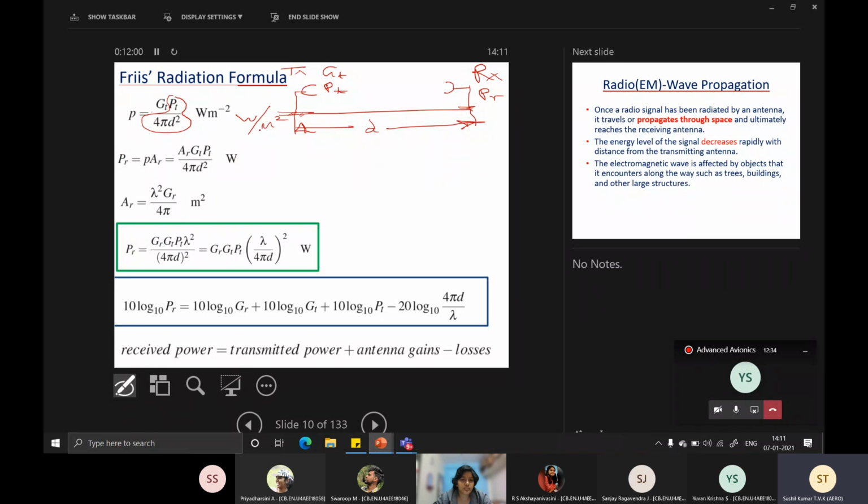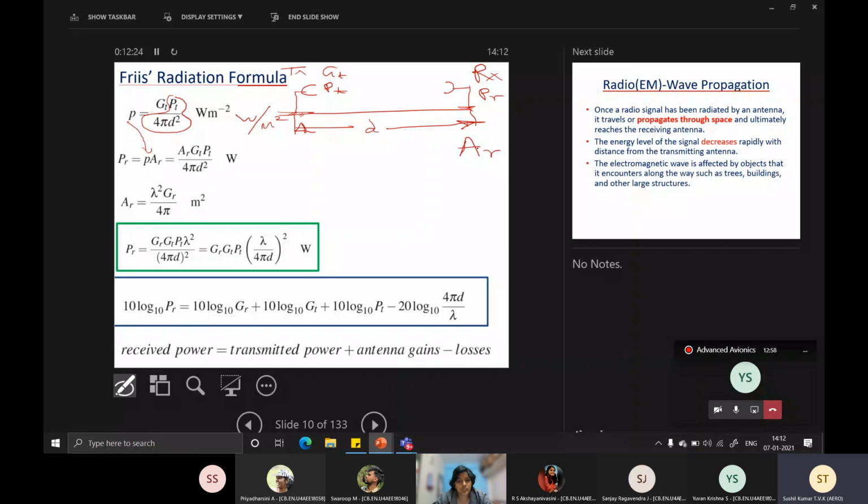Okay, now this is watts per meter square. Just look at the dimensions. You will be able to easily grab this. Nothing great about it. So this p times... And let's assume this receiving antenna has an antenna area of AR.